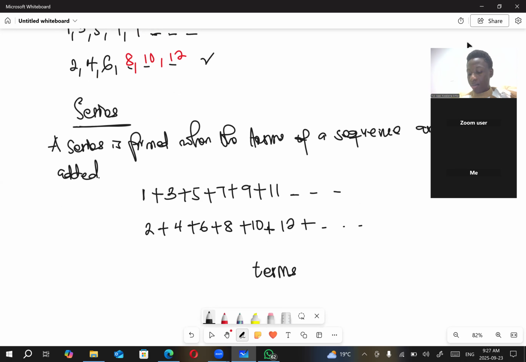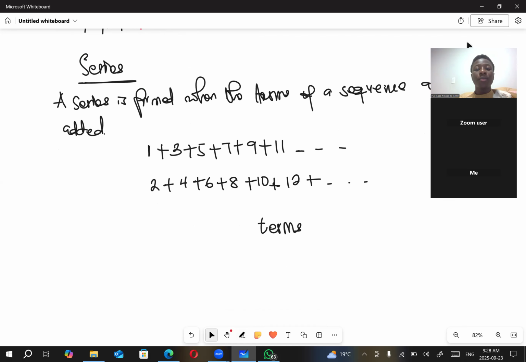And Venice, for that same sequence, what is the third term? 6. Now, let's continue. Now, we have two types of sequences. Enough of the theory. Let's go to practicals. Calculation, sorry.